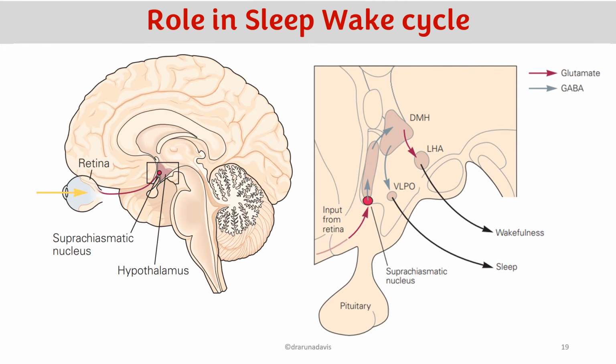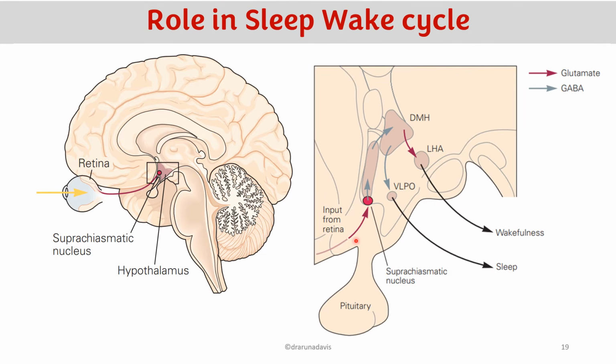In the sleep-wake cycle, the hypothalamus has a different role other than the circadian rhythm. It is the hypothalamus that regulates when to sleep, how to fall asleep, or how to wake. Here you can see that again the pathway is quite similar. We've got retinohypothalamic fibers that reach the suprachiasmatic nucleus.